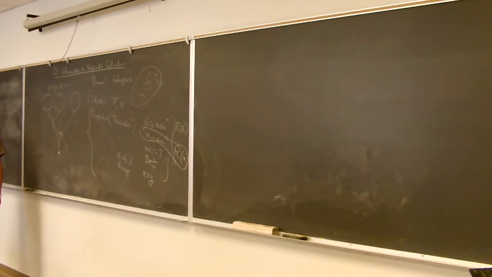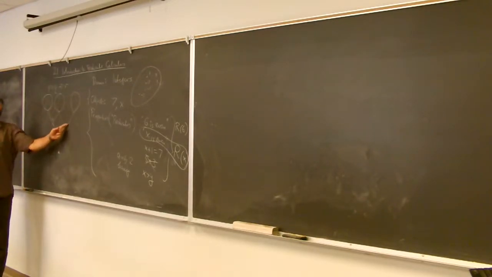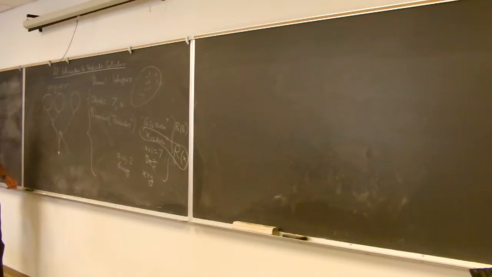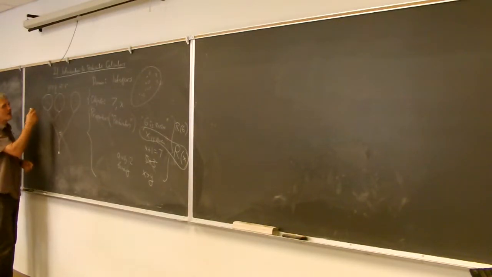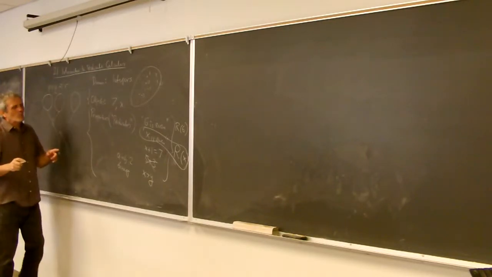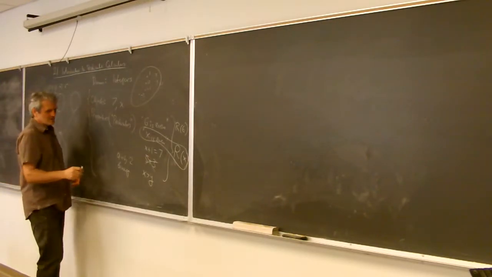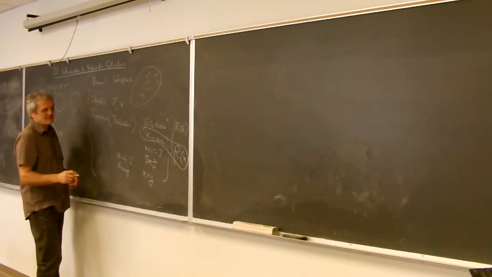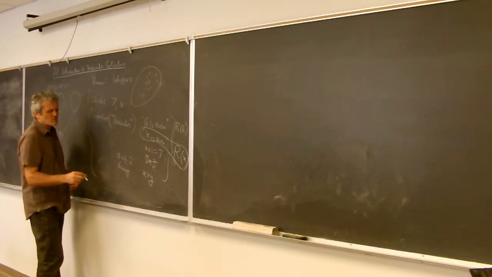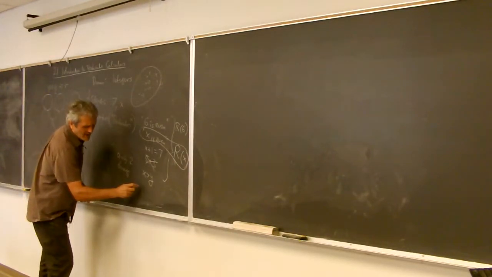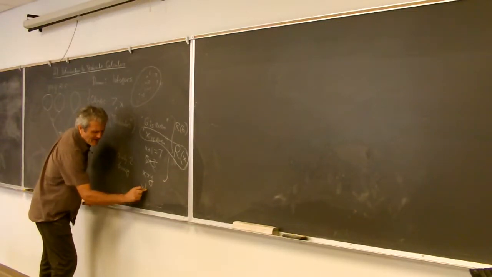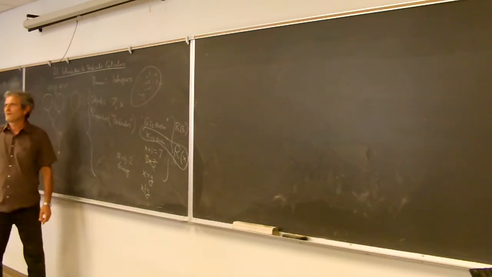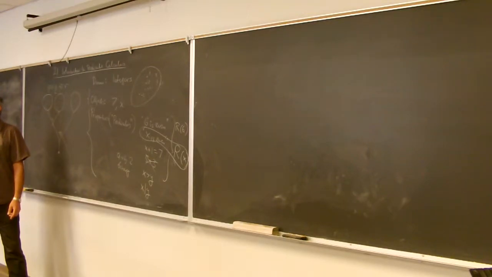And now predicates are connected using logical symbols. Here's one more predicate I just want to introduce: divides. What is the predicate divides? x divides into y. So this is again a binary predicate.